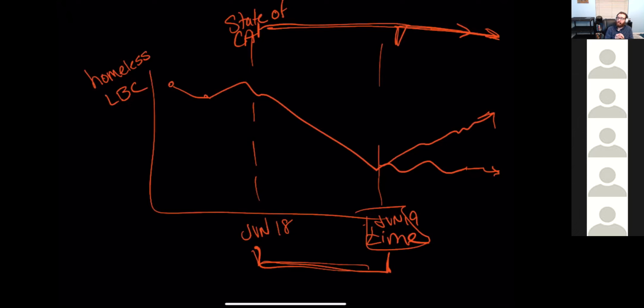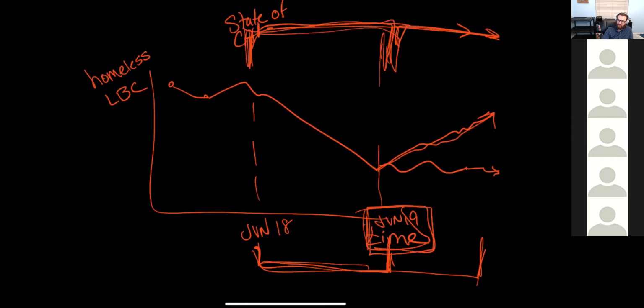Maybe California helped us bring it down, but as soon as our spending and program and grant money ran out, it starts to slowly work its way back up over time. So even though this period of time was initially what we would call a history threat, because we did this pattern matching and added this extra second piece, we can now say that it's probably not a history threat that's the problem.